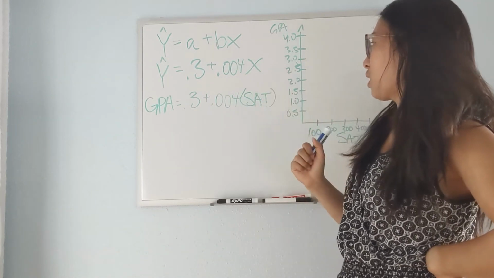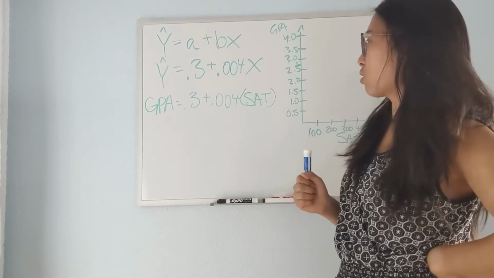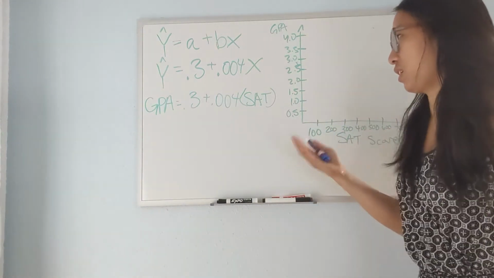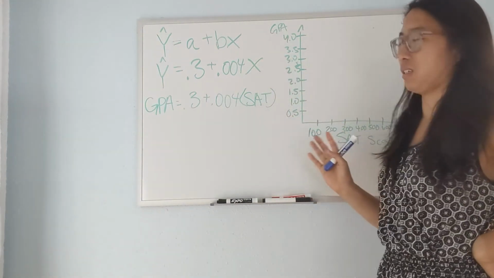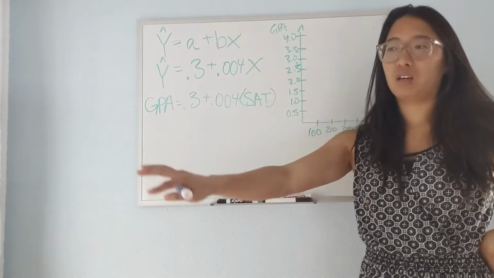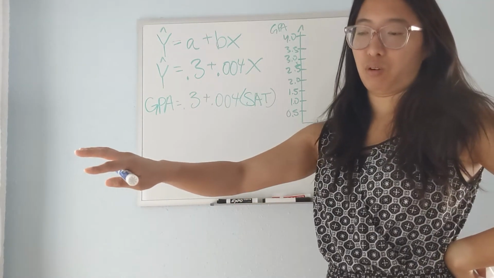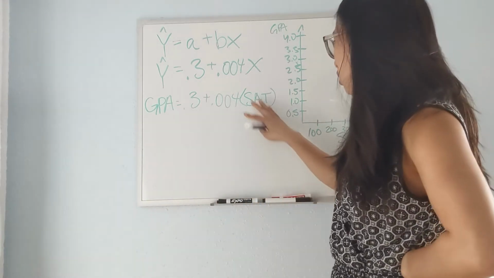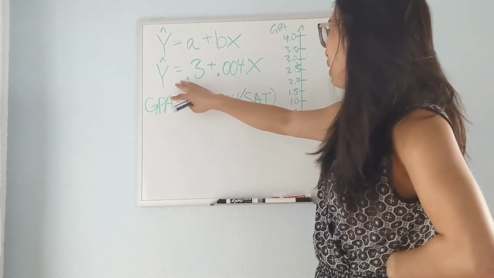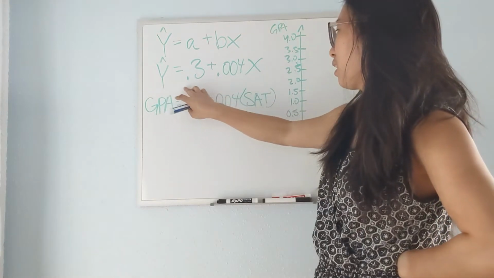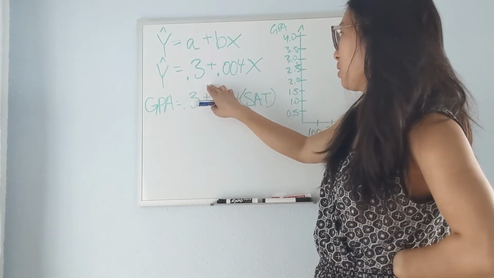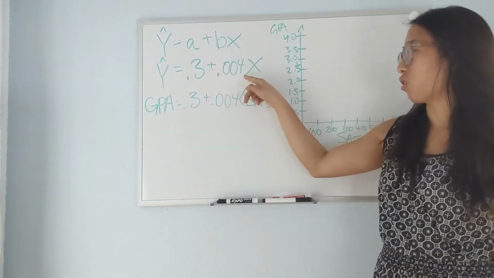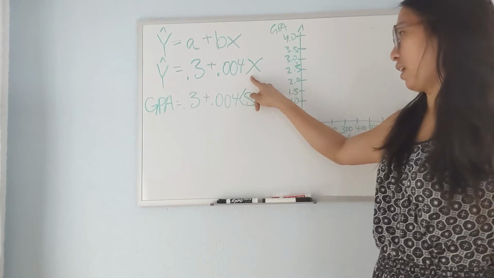The example in the book talks about how SAT scores predict GPA in college. When you take the SAT, that's why they use the SAT as a predictor measure, to see which college you are predicted to potentially do better in. So the equation for that is y hat equals 0.3, again the intercept, plus 0.004, which is the slope, times x.